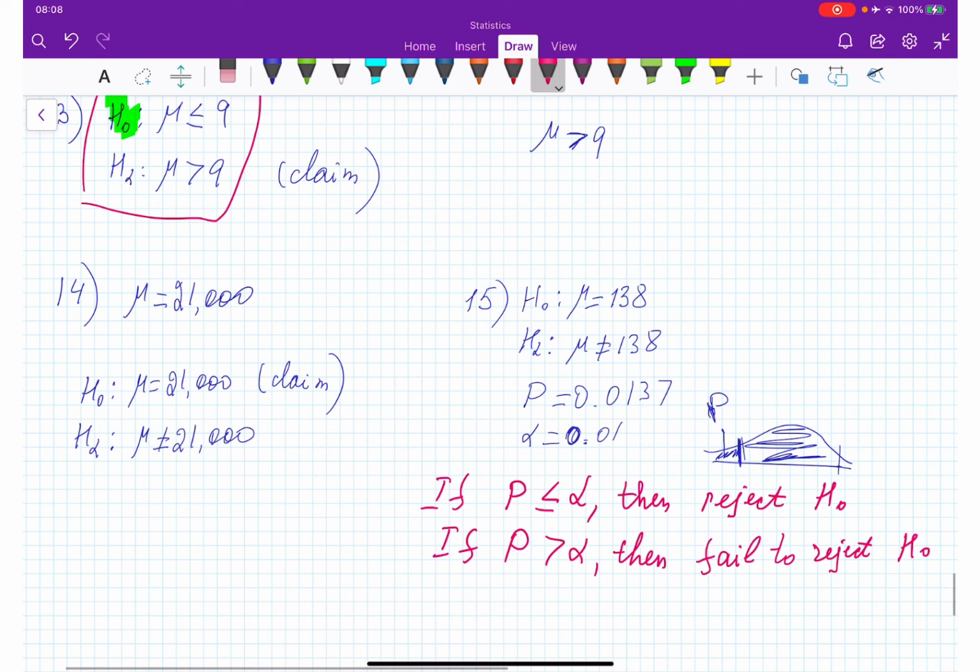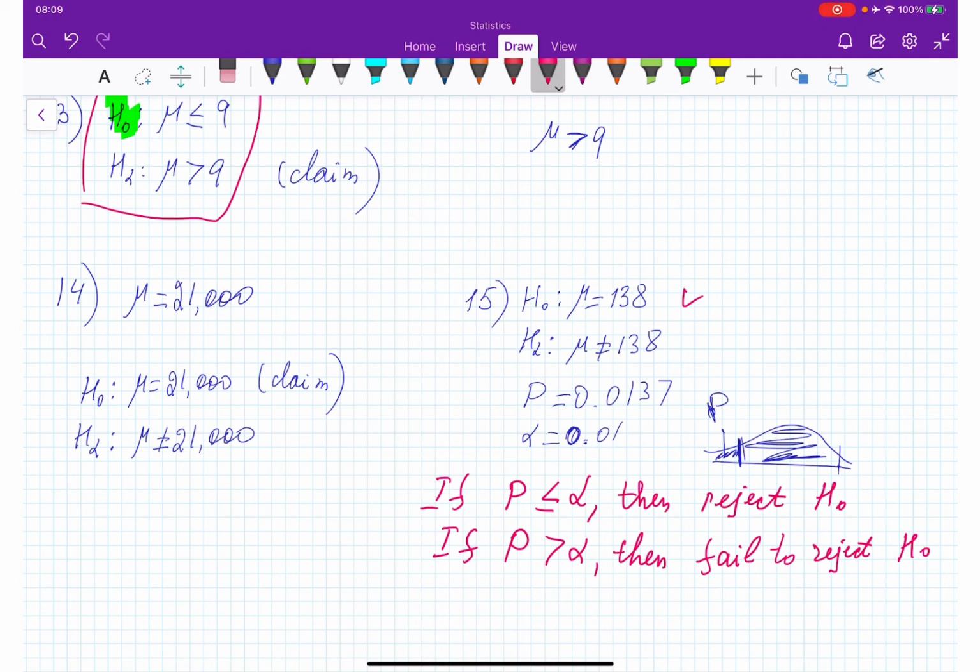Why are we referring to the null hypothesis, reject or not reject? Because we always start testing with the null hypothesis, no matter what its value is, and it doesn't matter if it's the claim or not.